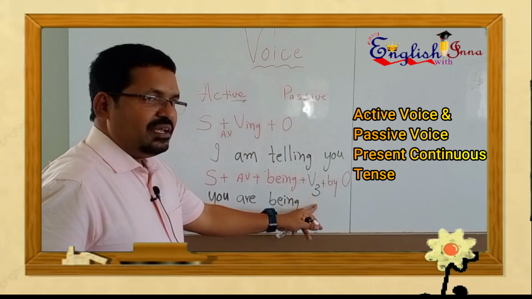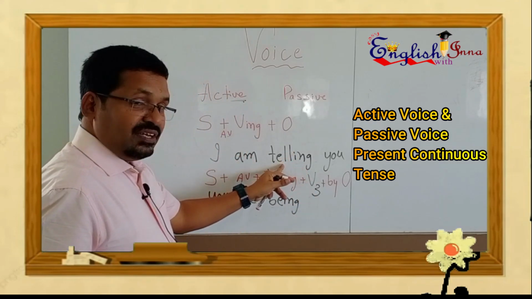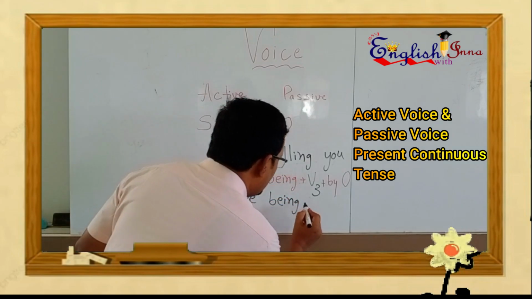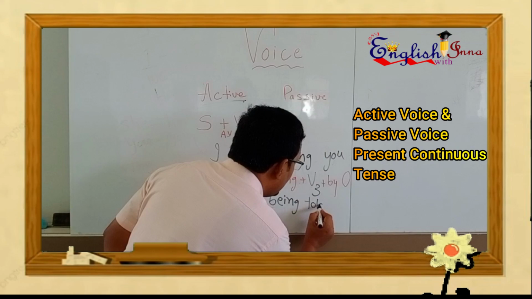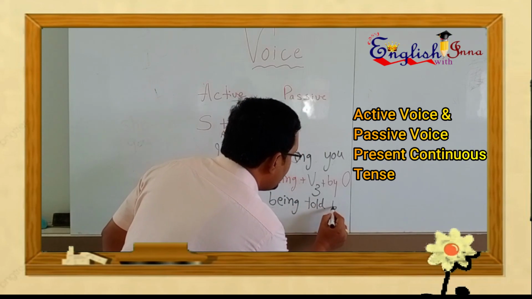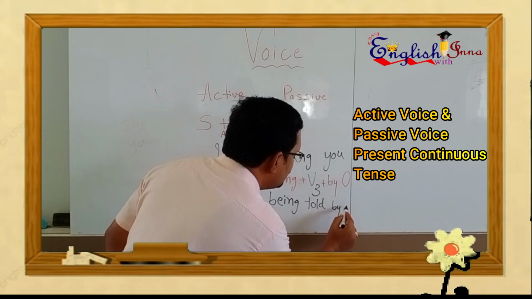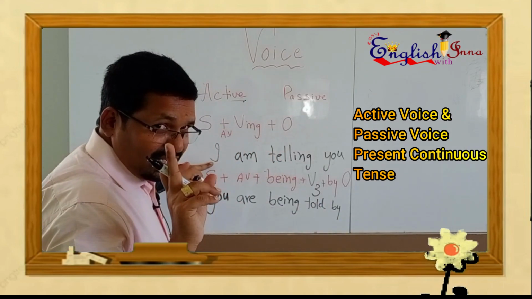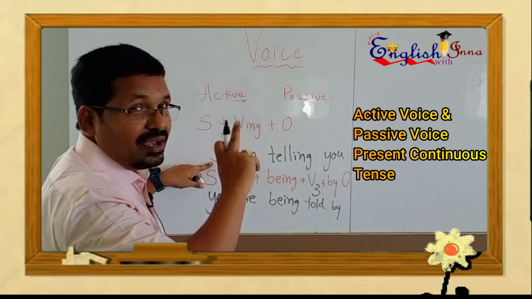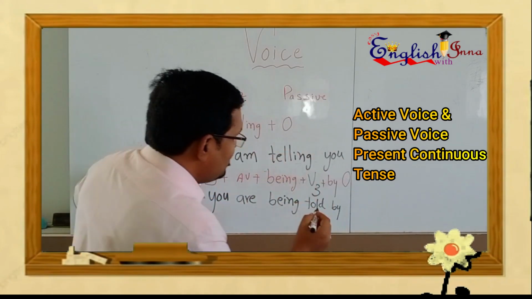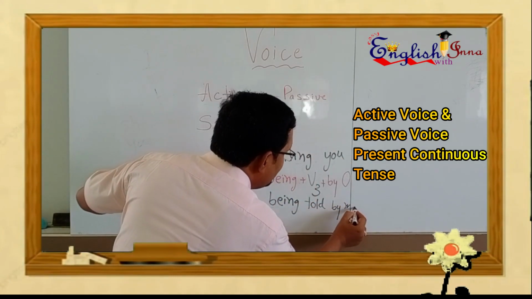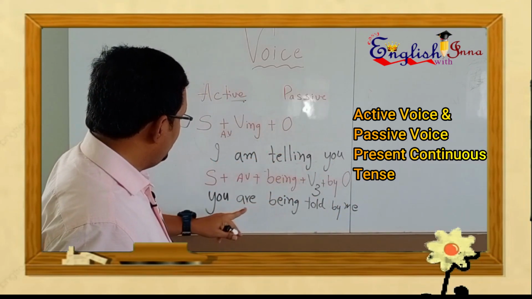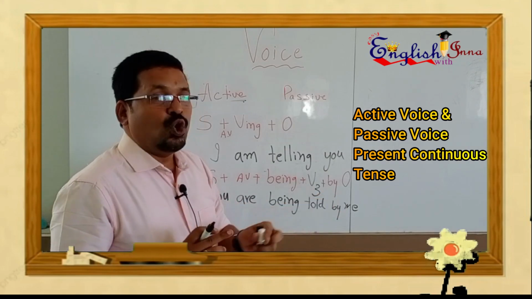So what is the V3 of tell? Tell, told. You are being told by I. In the previous class we have seen I will become me. That's all. So, I am telling you, you are being told.